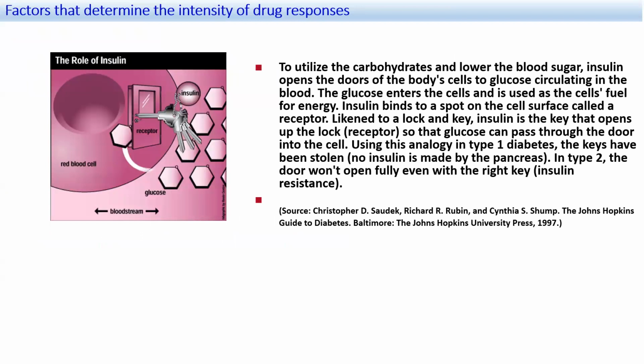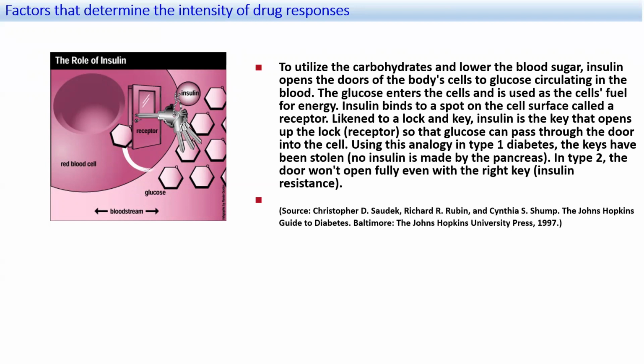This is an example pertaining to diabetes, type 1 and type 2, and how type 1 is differentiated from type 2 diabetes. The glucose molecules, for example, to enter the cell, have to be escorted by the insulin.